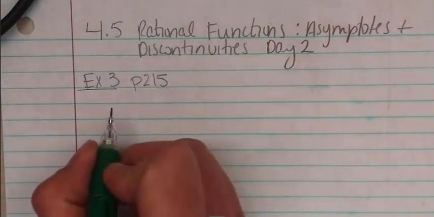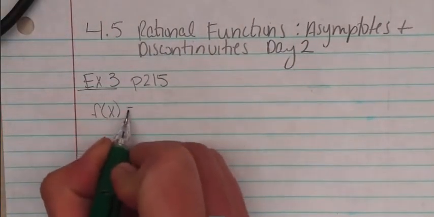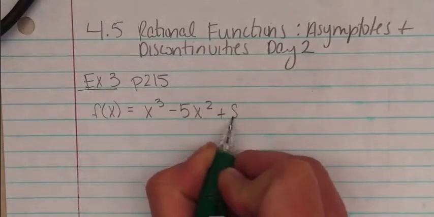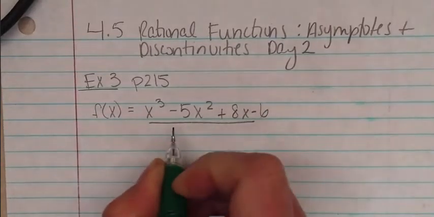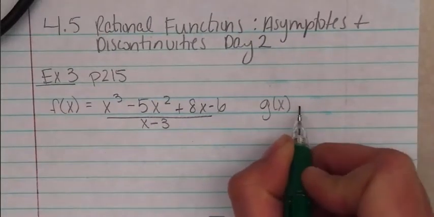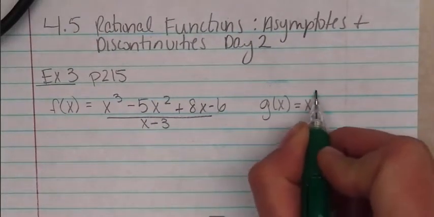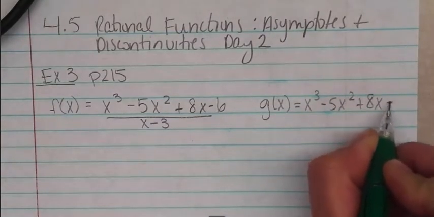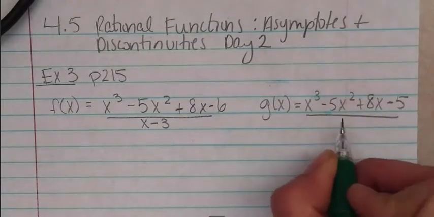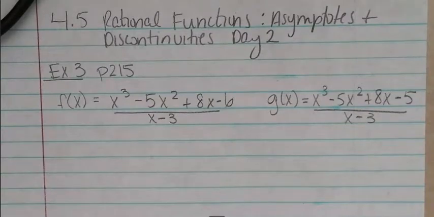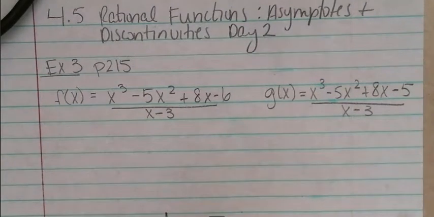All right, so we've got f of x is x cubed minus 5x squared plus 8x minus 6 all over x minus 3. And g of x is x cubed minus 5x squared plus 8x minus 5 all over x minus 3. We have to do synthetic division or synthetic substitution in order to write this as a mixed number or to simplify it.